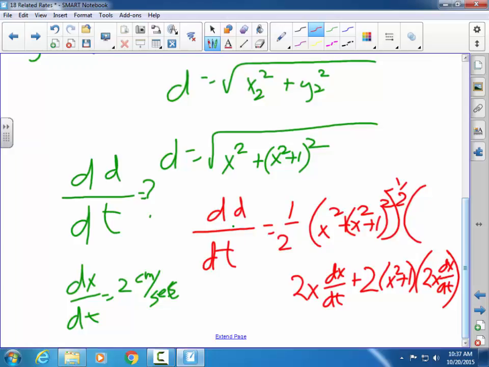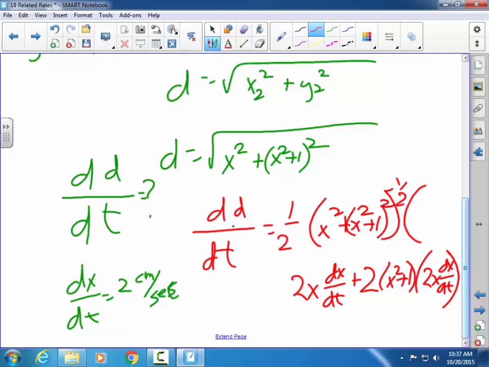This is chain rule. I'm bringing the 1/2 down, keeping the argument the same to the negative 1/2 power times the derivative of the inside. The derivative of x squared is 2x dx dt. The derivative of x squared plus 1 quantity squared is a chain rule again. 2 times that thing to the first power times the derivative of the inside thing, which is 2x dx dt.